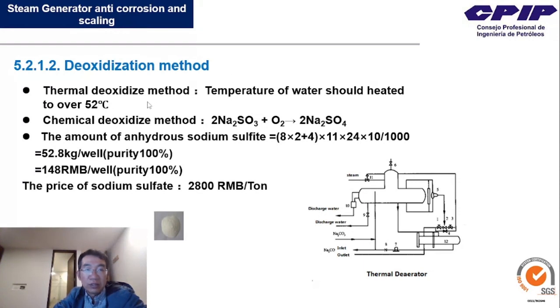Chemical deoxidization method is like this, and the amount of the anhydrous sodium sulfate is like this. The price of the sodium sulfate is 2,800 RMB per ton.